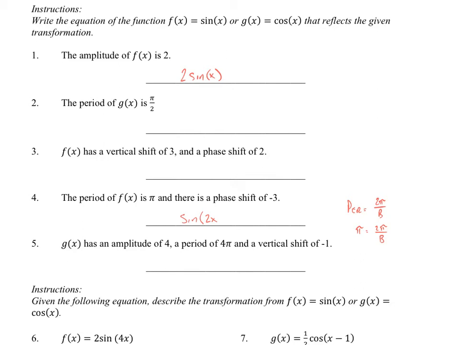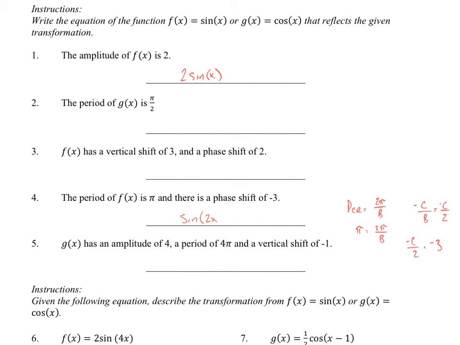So phase shift is going to be your negative c term divided by your b term. Well, we just identified that b is 2. So negative c over 2 is going to end up equaling -3. So your phase shift is going to be determined by this equation right here.